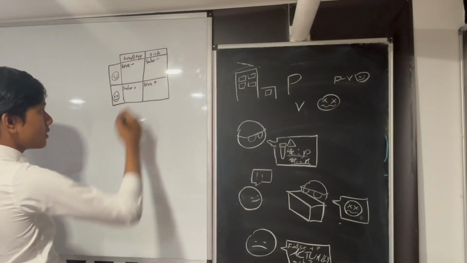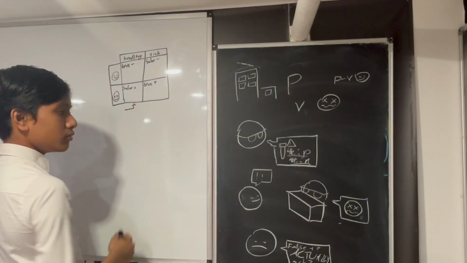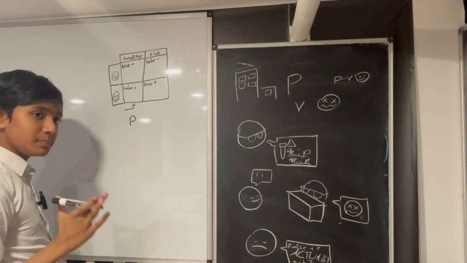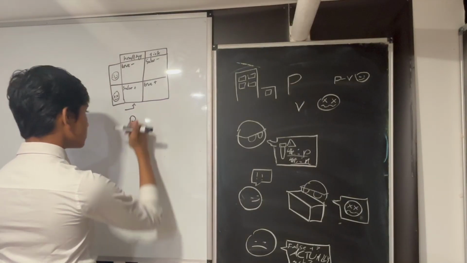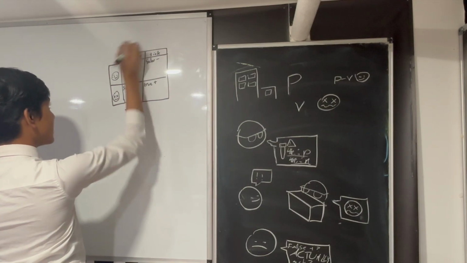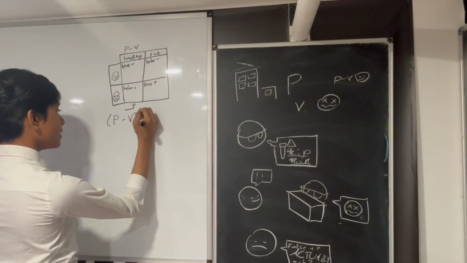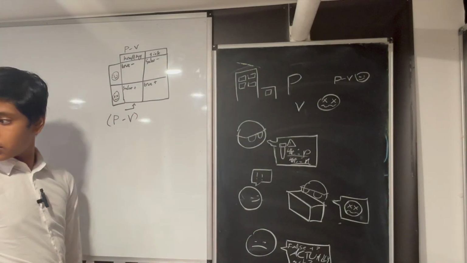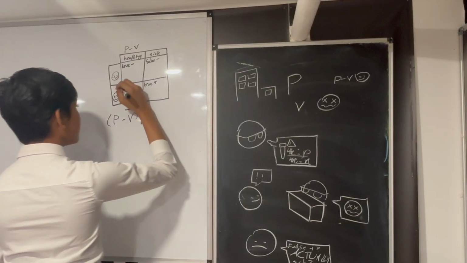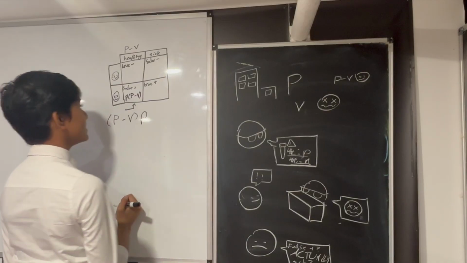So let's start with the false positive square. We know that the rate of false positives is P. So, logically, since there were P minus V healthy people, the percentage who got that false positive is going to be P. So, that means that there should be P times P minus V people in this section.